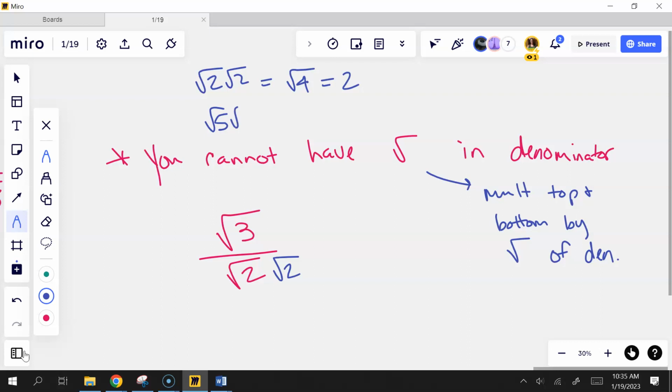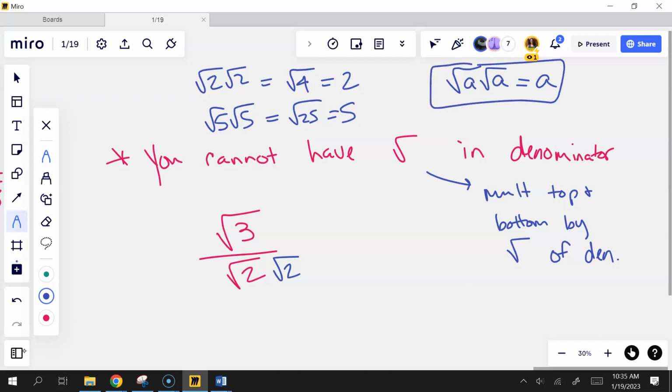Square root of 5 times the square root of 5. In fact, could we generalize it like that? Yes. Does that make sense as to why?